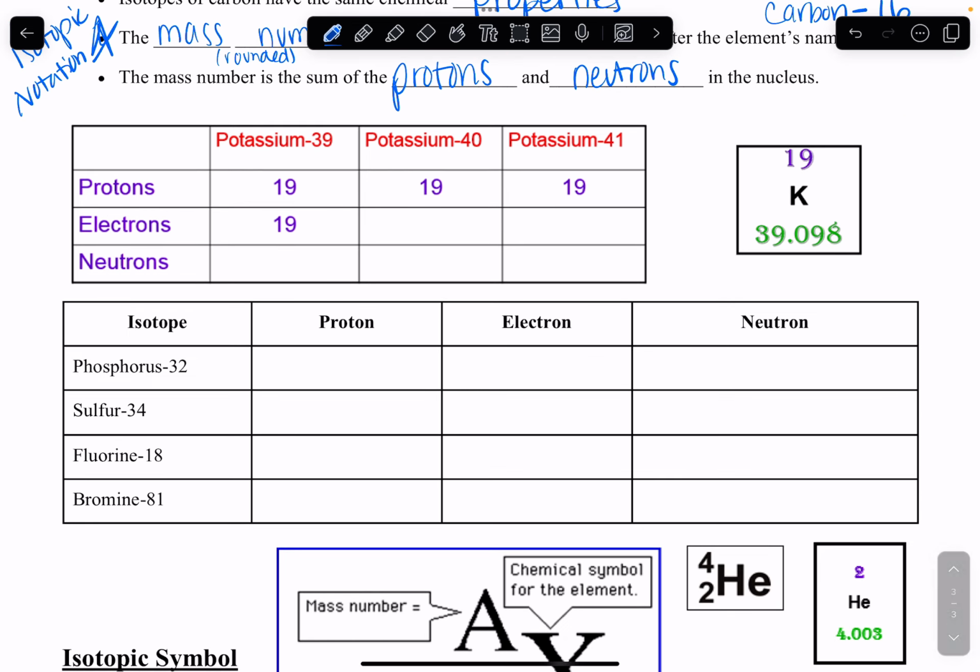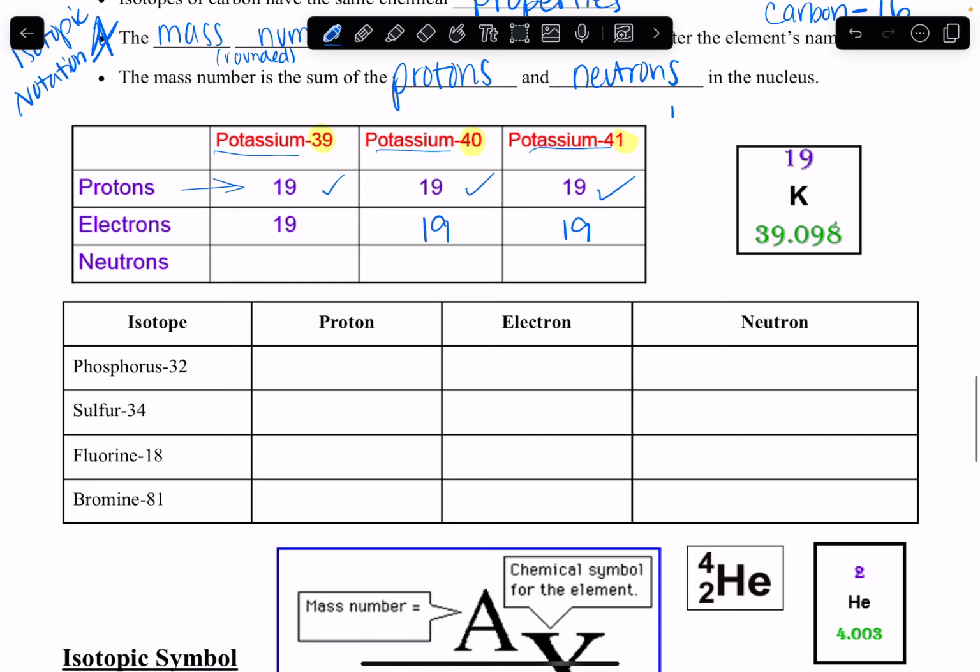All right, so we're looking at different versions of potassium. I have potassium 39, 40, and 41. Since it's all potassium, the number of protons stays the same. That's why it's already filled in. The number of electrons stays the same because I'm not changing the charge on my elements. I'm just changing the mass.